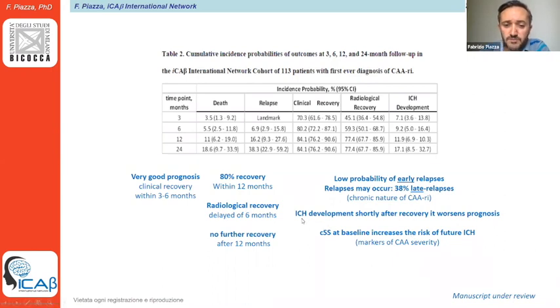And another piece of information is that ICH, when developing shortly after recovery, worsens prognosis, and that the incidence of new ICH is related to the baseline presence of cortical superficial siderosis, CSS.